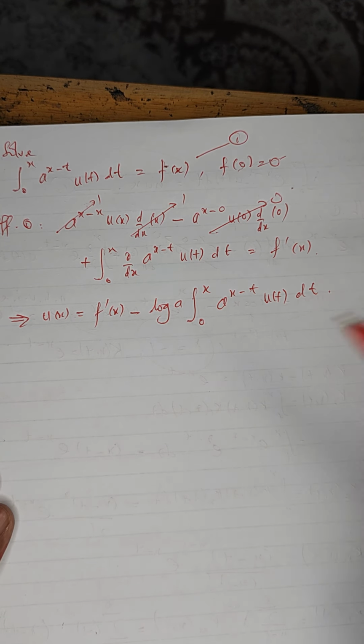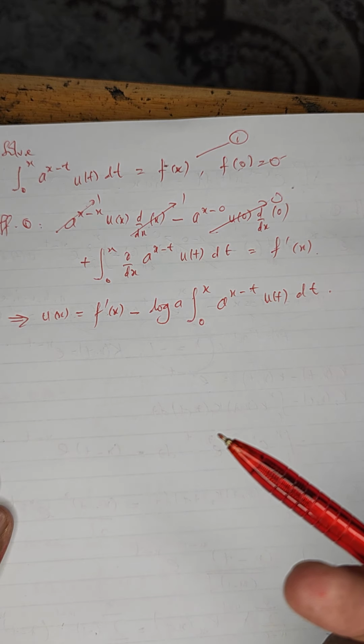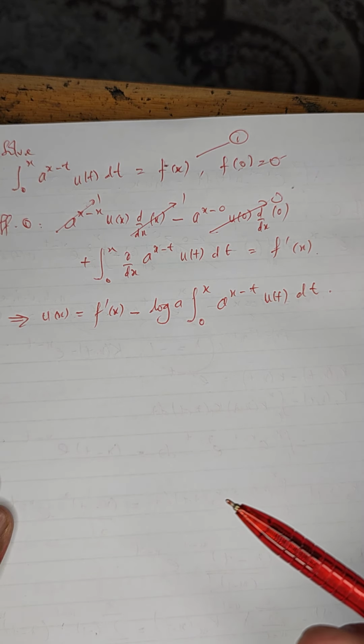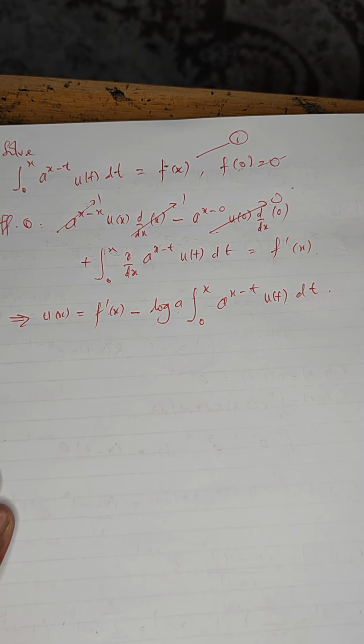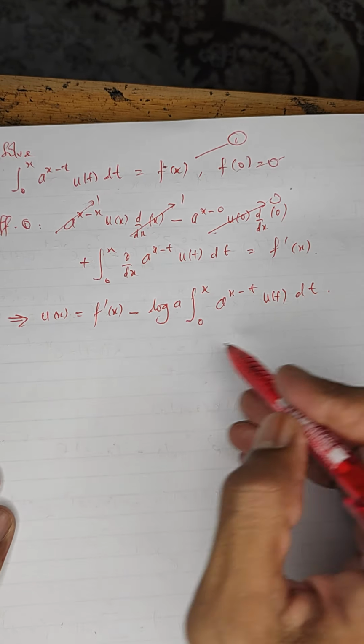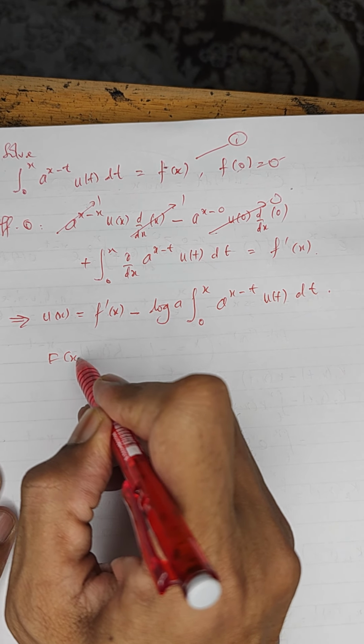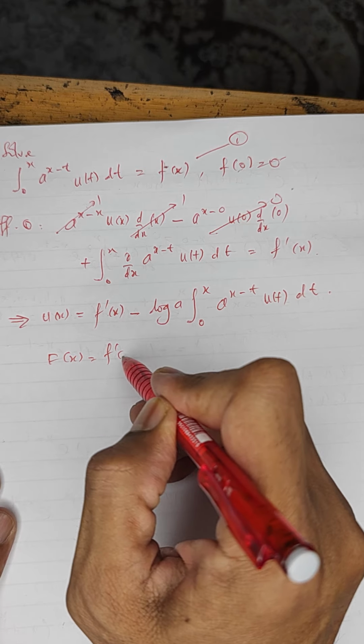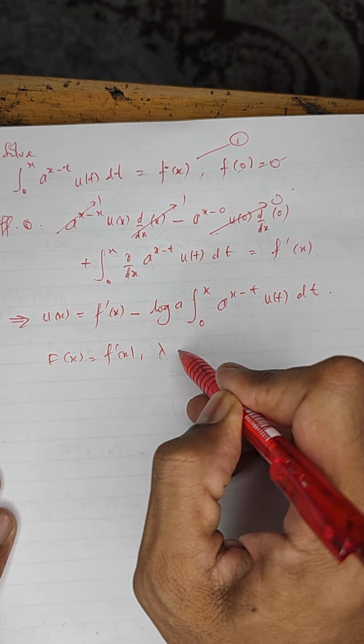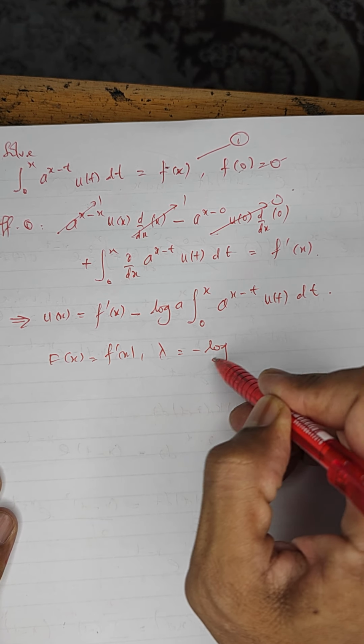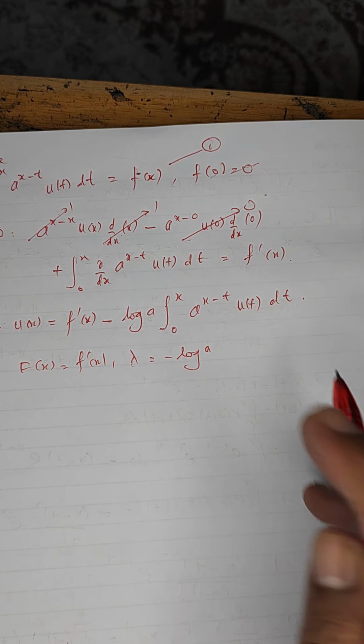So you compare with the general form of the non-homogeneous Volterra integral equation. So we have f(x) is our f prime of x. Our lambda is actually minus log a.